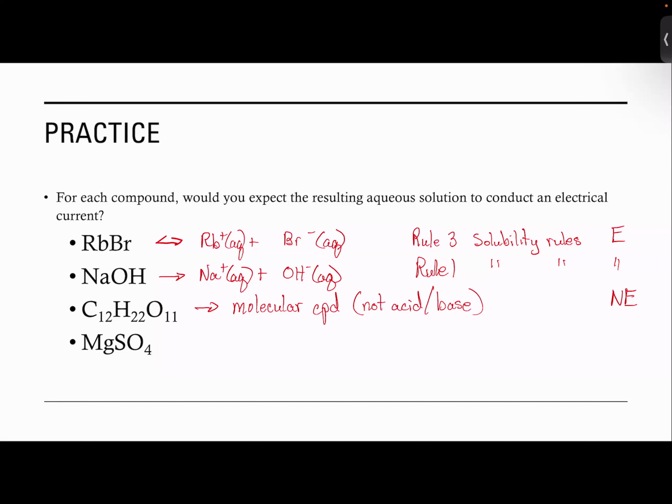Magnesium sulfate is going to dissociate to form magnesium ion and sulfate ion because of rule 4 of the solubility rules. So it is going to be a good electrolyte. It is going to conduct electricity well.